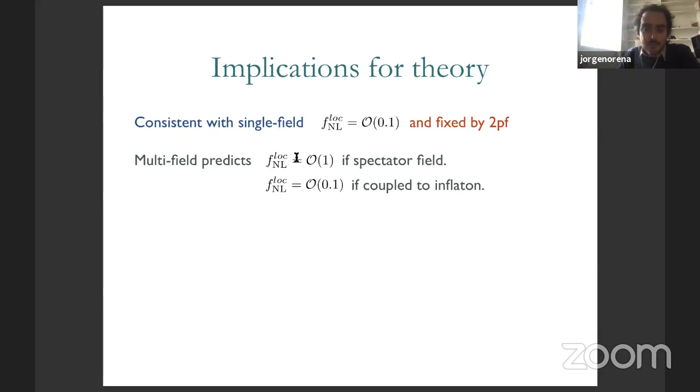Then FNL is predicted to be of order 1. We are only one order of magnitude away from order 1. And if the additional fields are very coupled to the inflaton, it's predicted to be of order 0.1, but free, not fixed by the 2-point function. And we are still far from observing this.